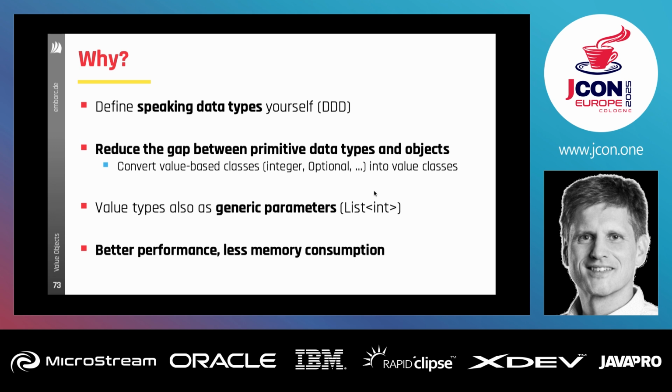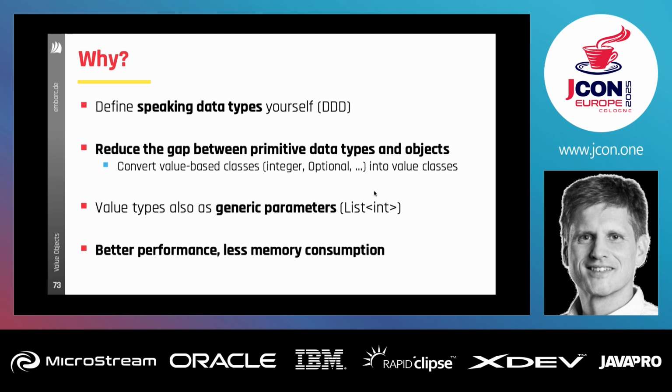So now we can have very performant, efficient objects. We can define our own data types as objects, but they are also performant, and the memory model is optimized. So it will reduce the gap between the primitive types and the objects. There will be auto-boxing also for our self-defined data types.